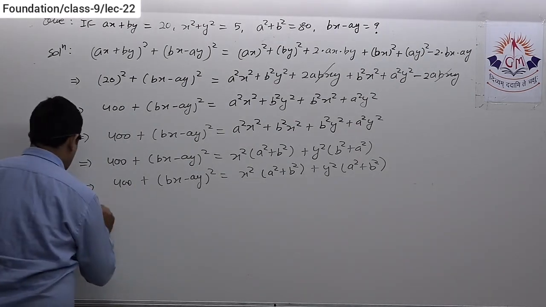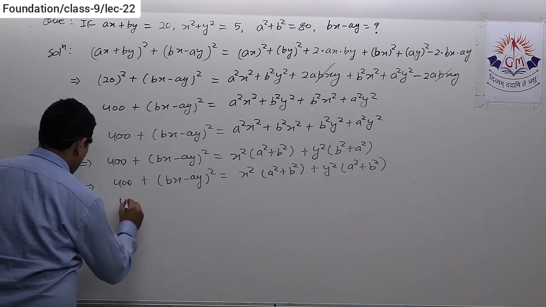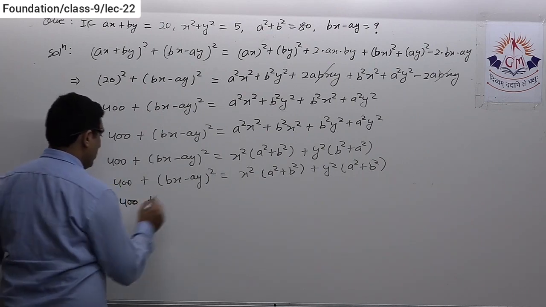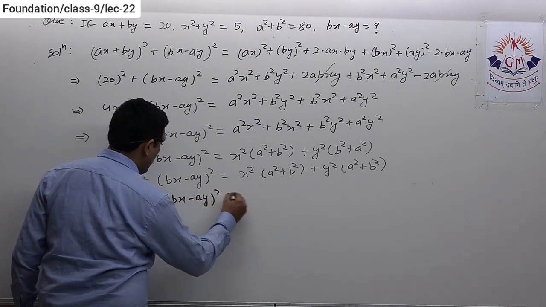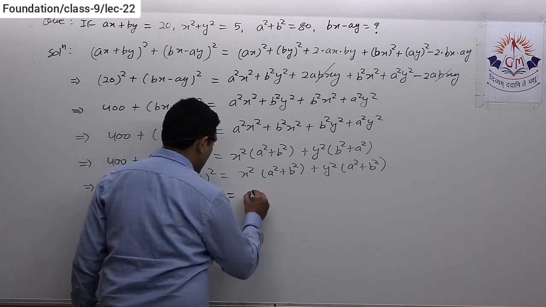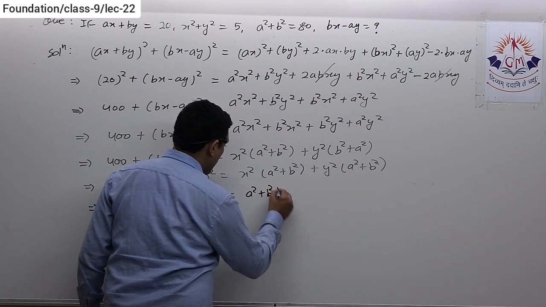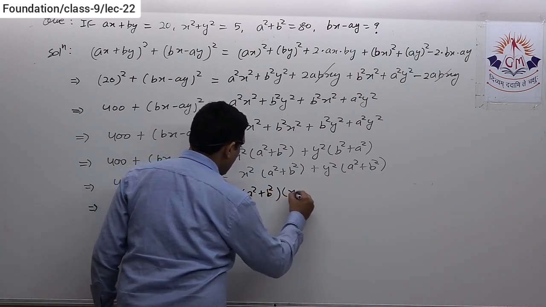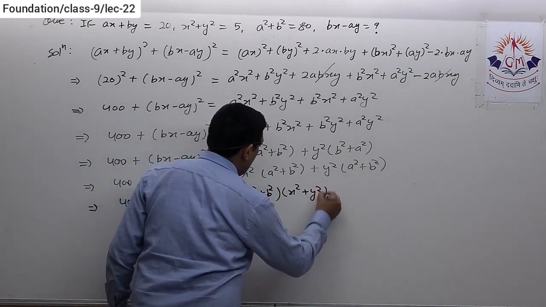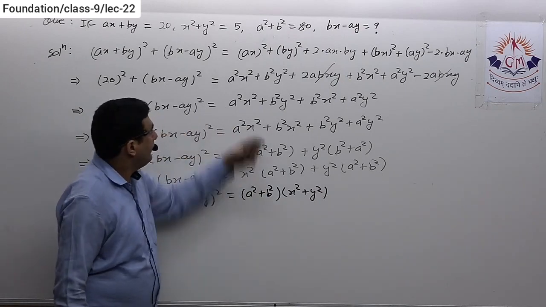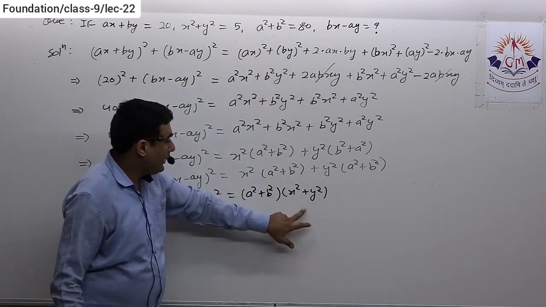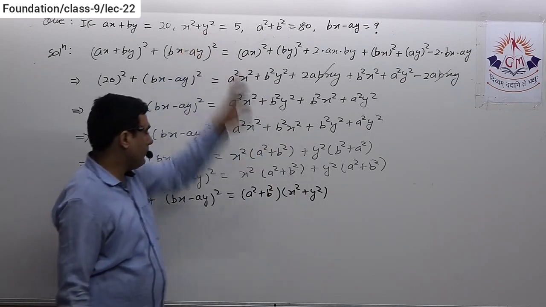So when I take that a square plus b square common, here I have (bx minus ay) whole square is equal to. Now if I take a square plus b square common, here I am left with x square plus y square. Now in both segments I have the value of a square plus b square, I have the value of x square plus y square.